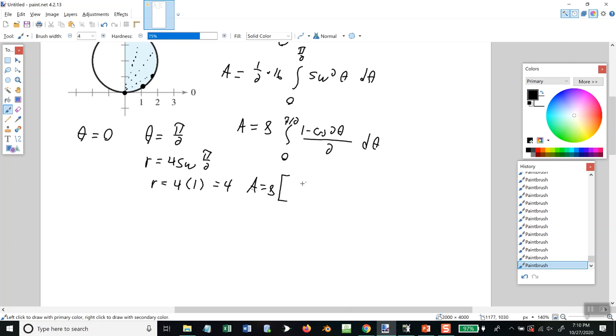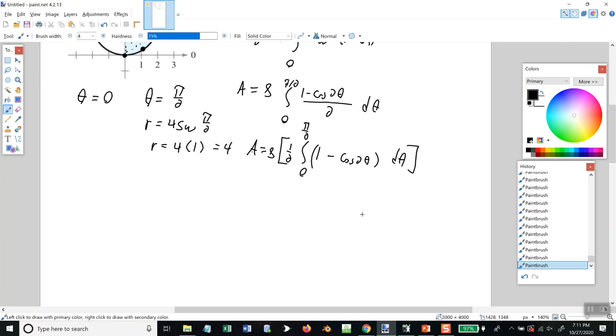Going to split that up. 0 to pi over 2. And that 2 down below I can bring out in front as 1/2. So we have 1 minus cosine 2 theta d theta. 8 times 1/2 is 4.